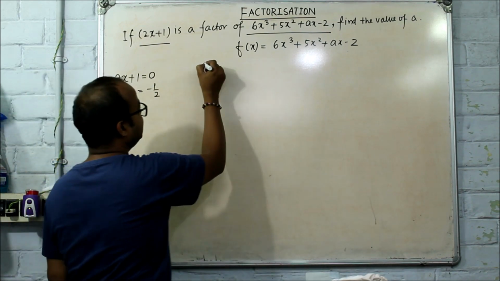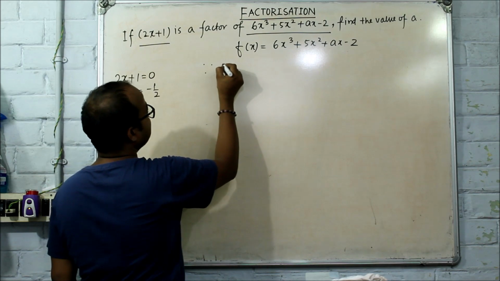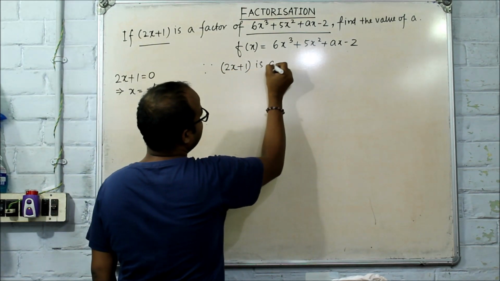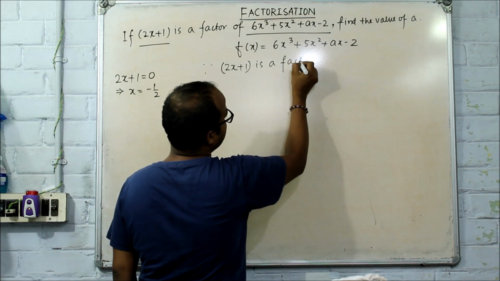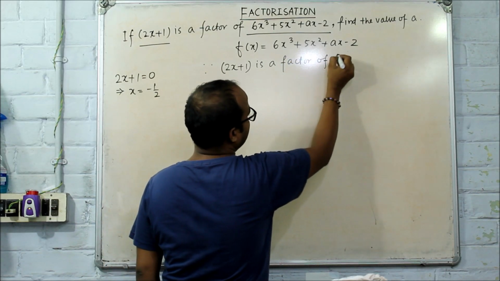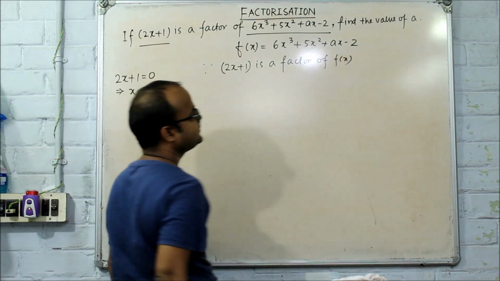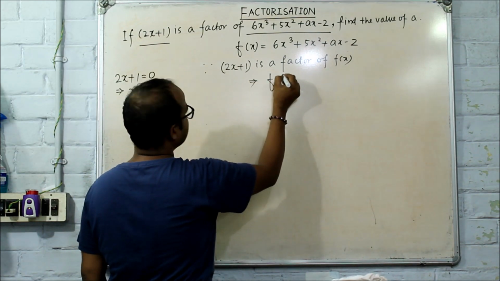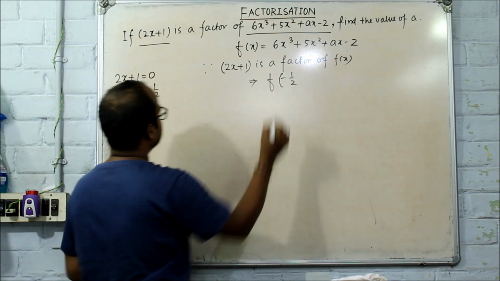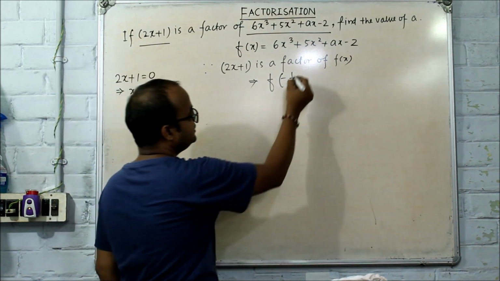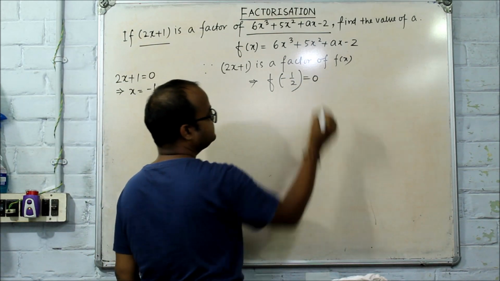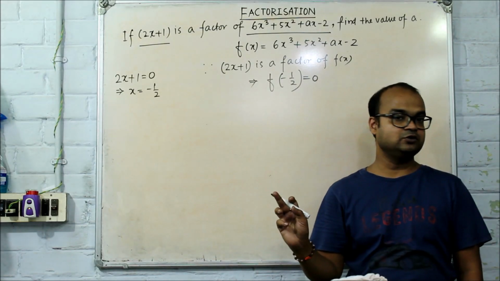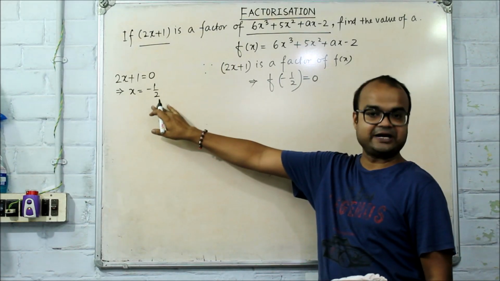So how do we write here? We write since 2x plus 1 is a factor of f(x), it implies f of minus 1 by 2 is equal to 0, because only if the remainder is 0 will it become a factor.